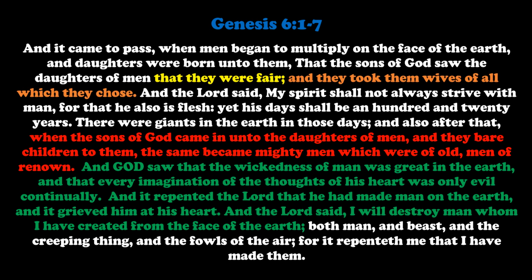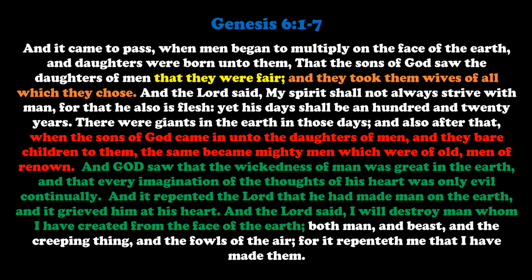Genesis 6:1-7 says that the sons of God saw women that they were fair, and took them wives of all which they chose, which is probably referring to polygamy, and that somehow caused the destruction of the world. So the Bible is full of these stories. We could talk about this for hours, but that's the key. That's what's really happening here.